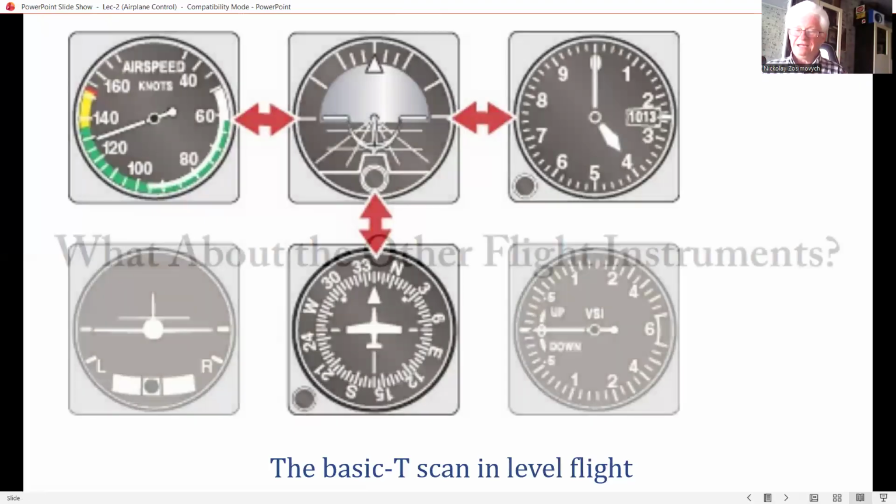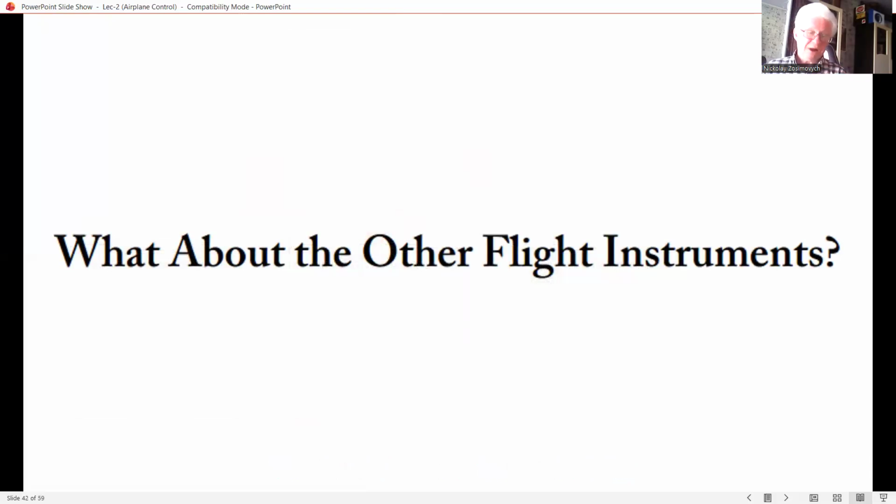Okay. Next question, sub-question. What about the other flight instruments? Right. In smooth air, the VSI will show a trend away from cruising altitude, often before it is apparent on the altimeter, and can be used to indicate that a minor pitch attitude correction is required if altitude is to be maintained.